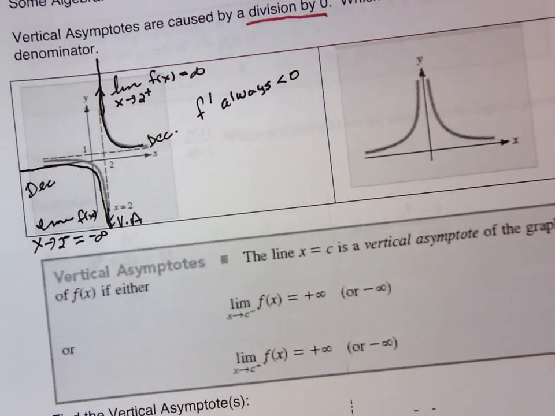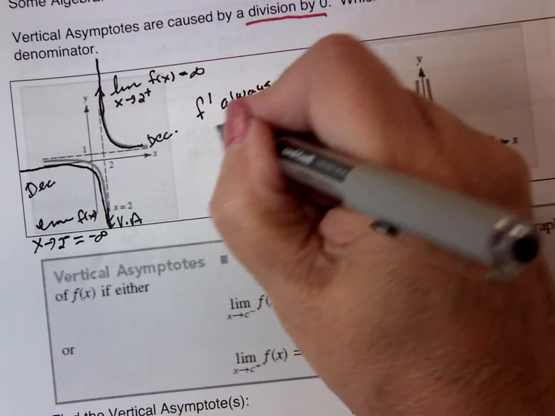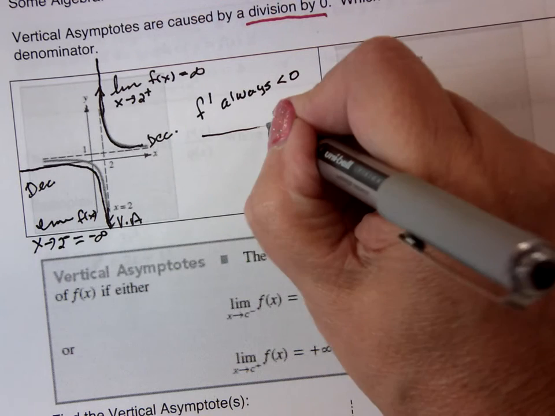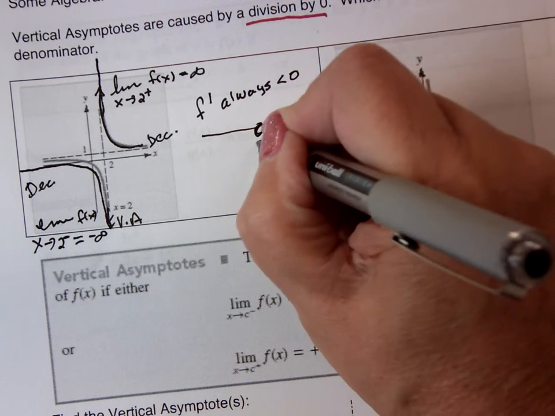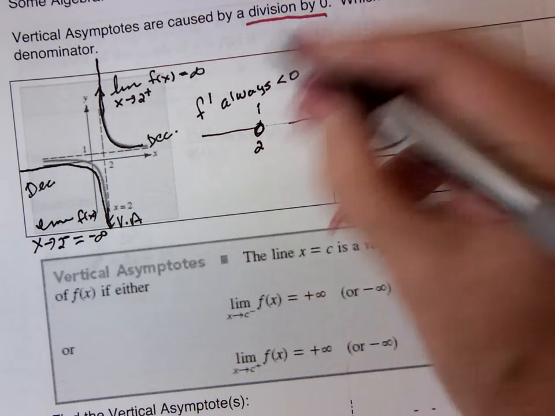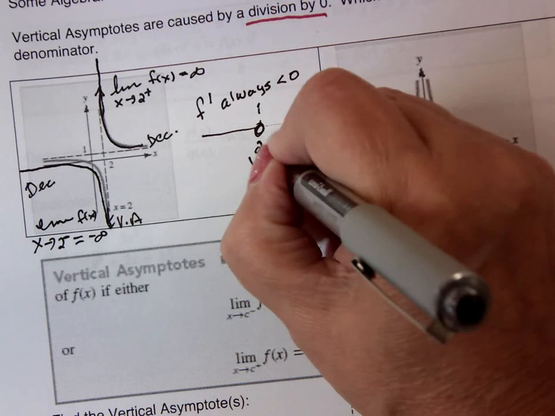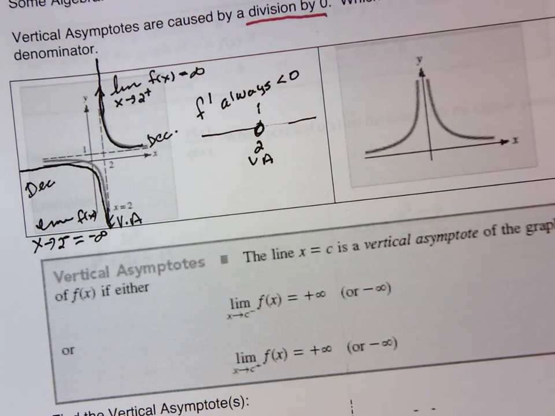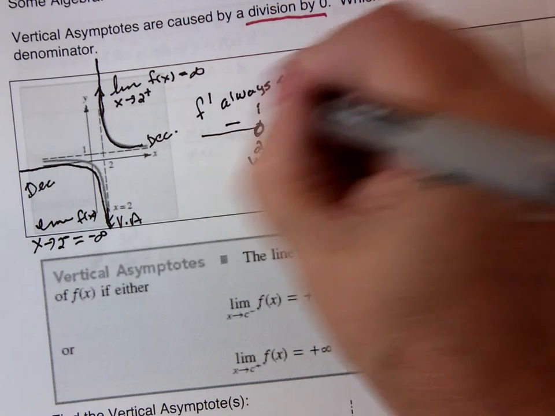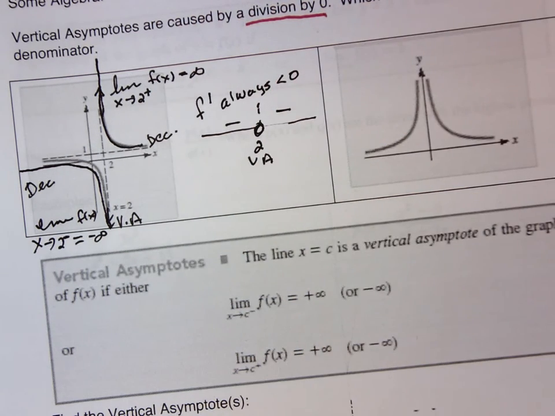Decreasing, decreasing, always negative. So I would see on my number line, I'd have to put the VA into place, because if I didn't do that, it wouldn't make any sense. And it would be decreasing followed by decreasing.